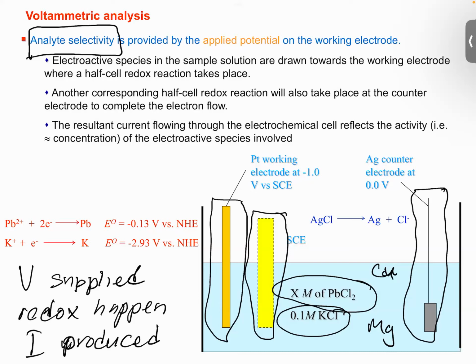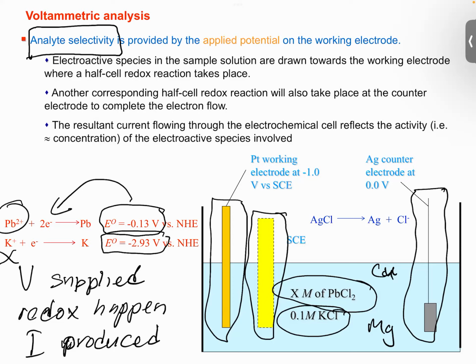This is what we call the electrode potential. It is supposed to be very specific towards the metal. So if we supply a potential of, for example, negative 0.13, then we can make sure that the one being reduced will be plumbum, but not potassium.